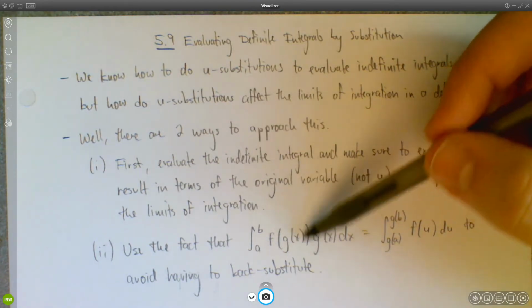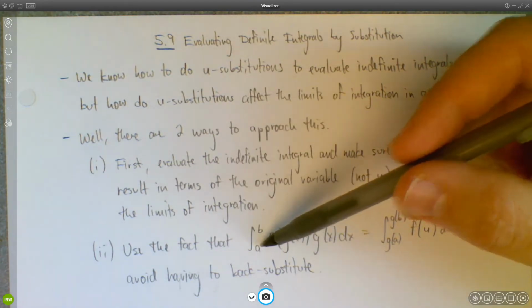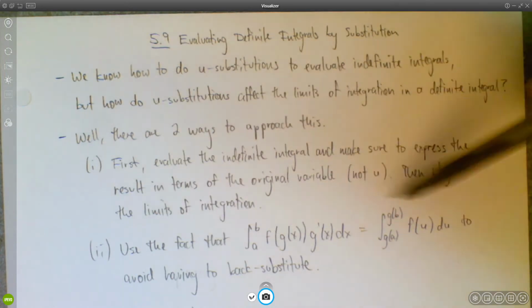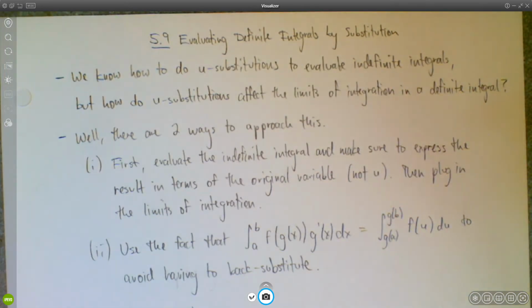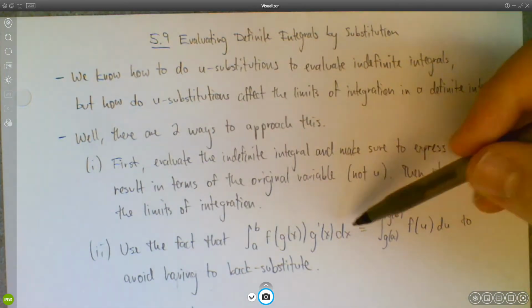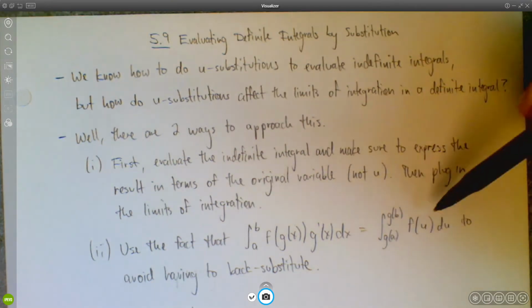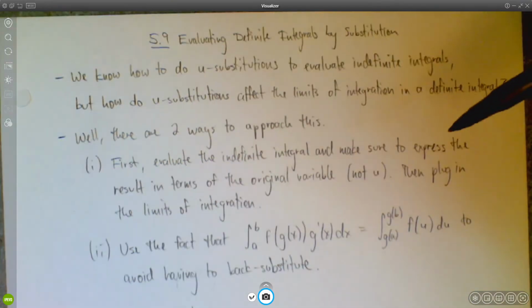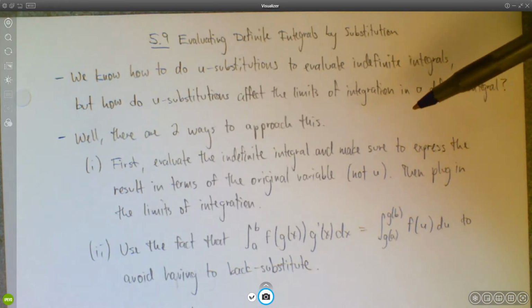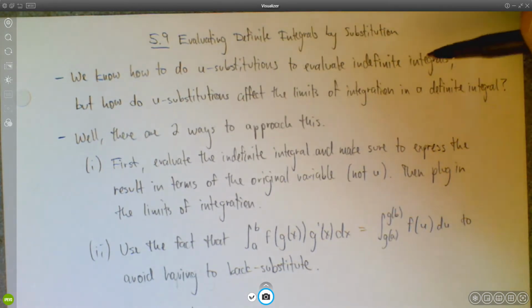If you let u equal g of x, then a becomes g of a, and b becomes g of b, okay? And so the benefit of doing it this way is that you avoid having to back substitute. Once you've made your u substitution, you don't have to worry about substituting back in for x, right? You can just change the limits of integration accordingly.